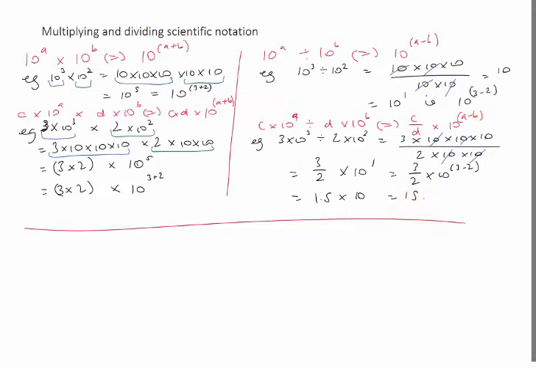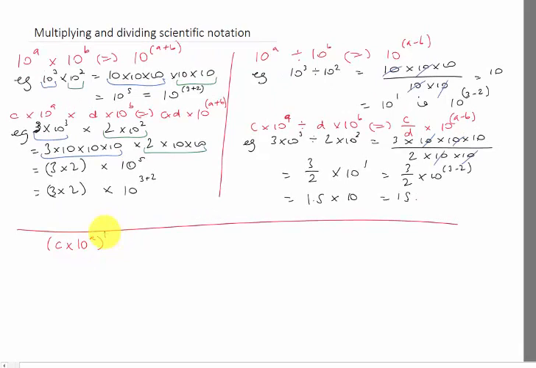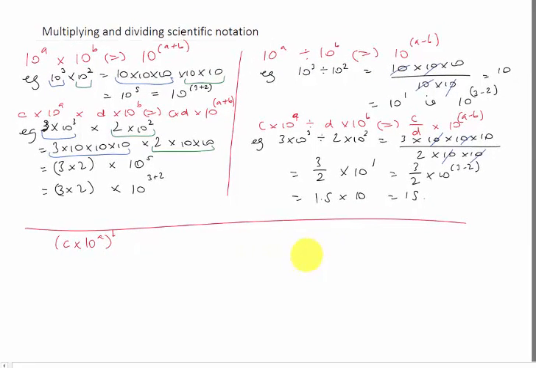And how about if we have an exponential expression, for example, C times 10 to the power A, and the whole thing is raised to the power B. That is equivalent to distributing the B into each part of the expression: C to the power B times 10 to the power A times B. Let me show you in an example that that's true. Let's say we've got 3 times 10 to the power 3, and the whole thing is squared.